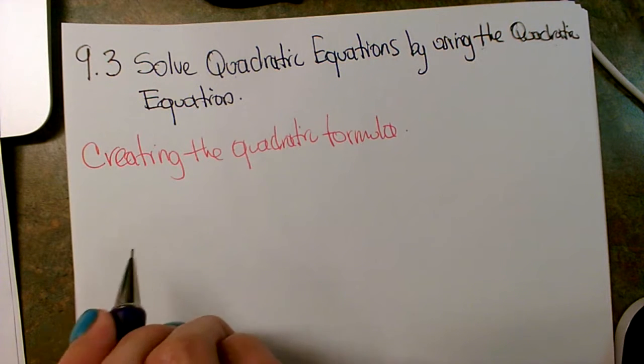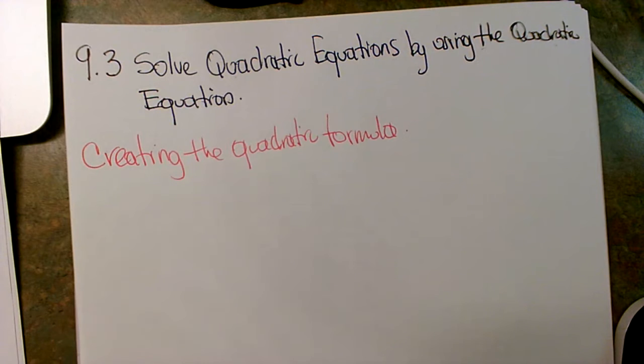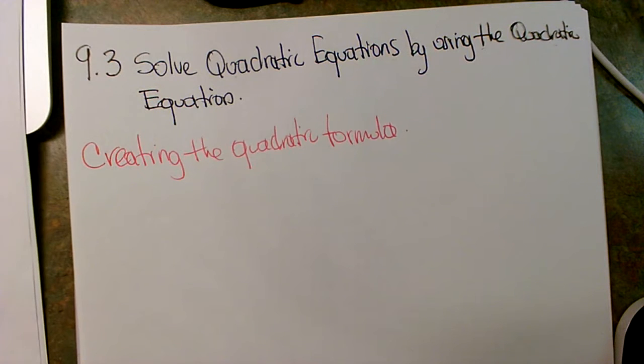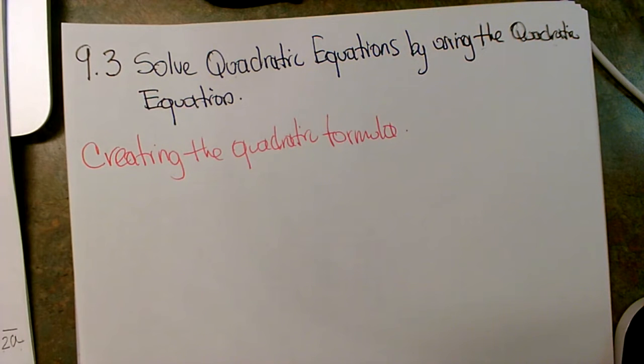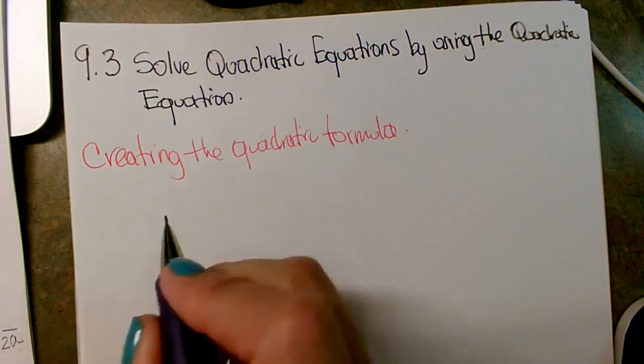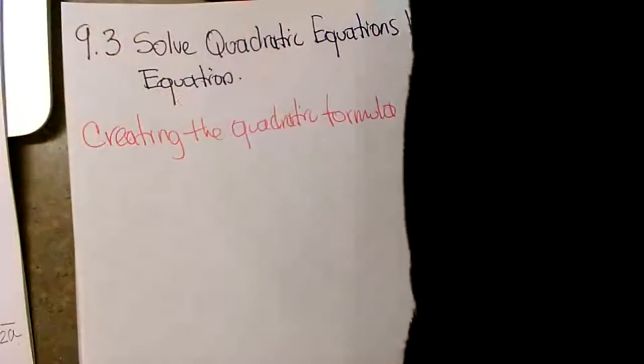So that's why I just want you to watch this. You're not going to have to do it again, but I just want to show you. I'll do it very fast so you guys see where the quadratic formula comes from right here.